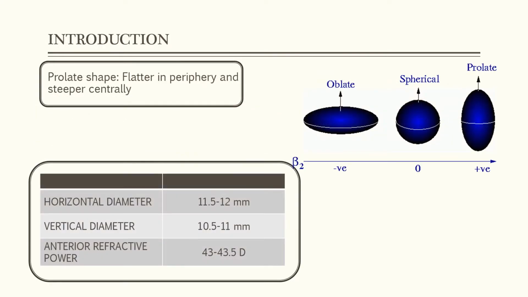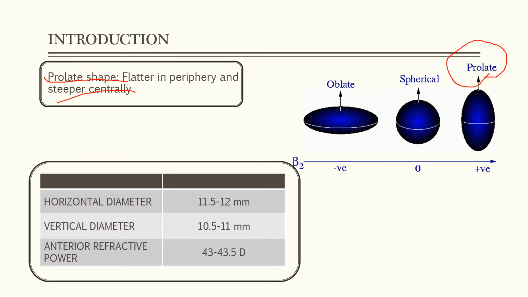Now talking about the introduction, the cornea is prolate in shape. Prolate means it is flatter in periphery and it is steeper centrally. Now this is an oblate shape, this is a spherical shape, and now this is a prolate shape which is flatter in periphery and steeper centrally.